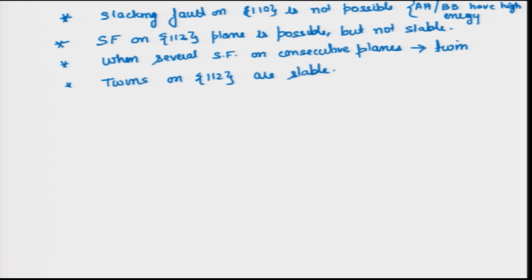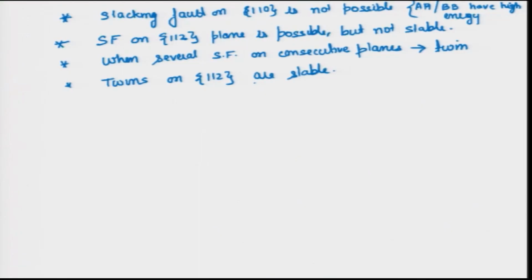Now, you saw that I shifted 5 different planes on top of it. Okay. So, it will be like a twin over here, and then at the end of it again you will have another twin boundary. So, that was a twin layer or lamella of 5 atomic planes thickness.